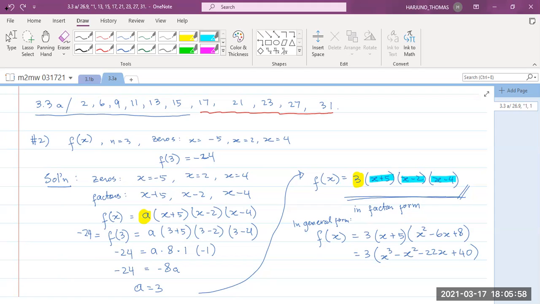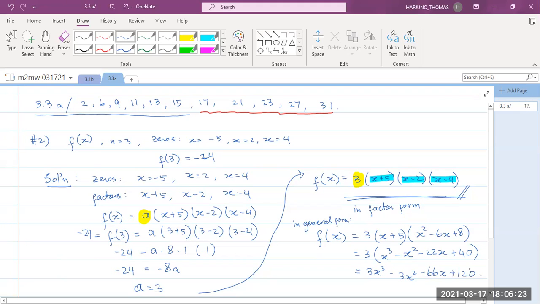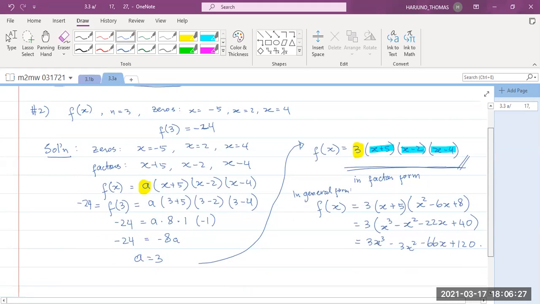If you passed the class on your own merit, not because of the mercy of your previous instructor, then you should be able to understand the fast FOIL. Now then, let me go on. From here, we just multiply by 3. So 3x cubed minus 3x squared minus 66x plus 120. Okay, that's the general form.